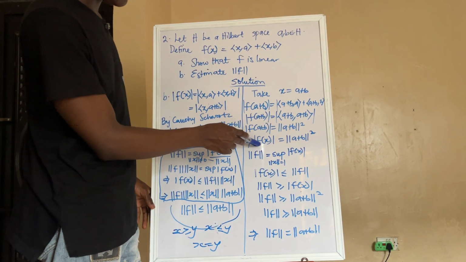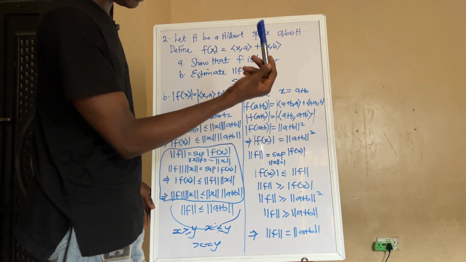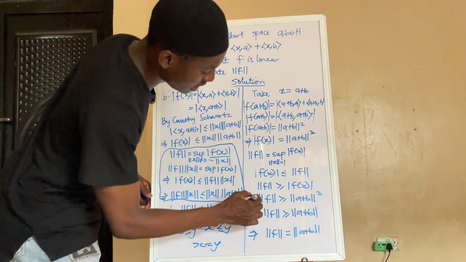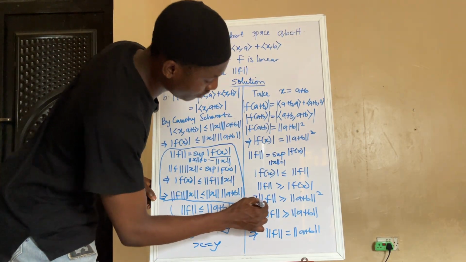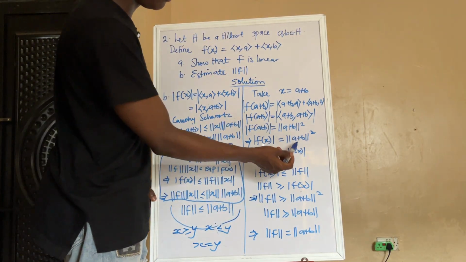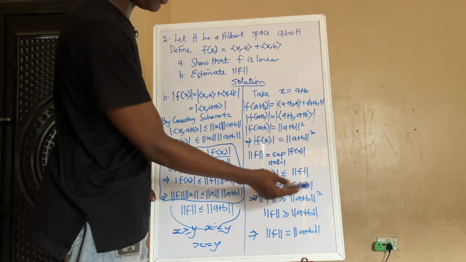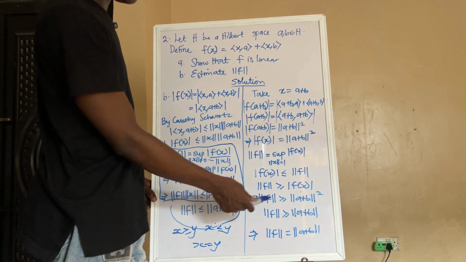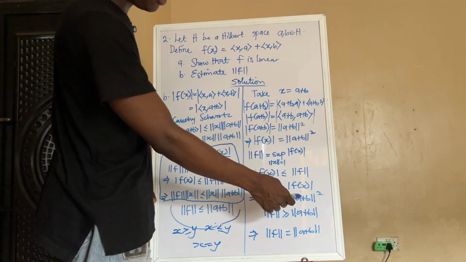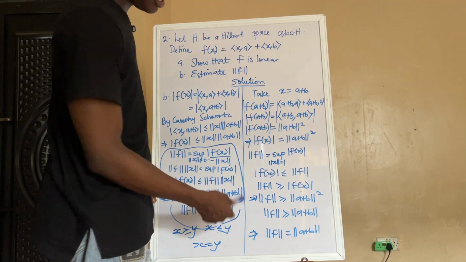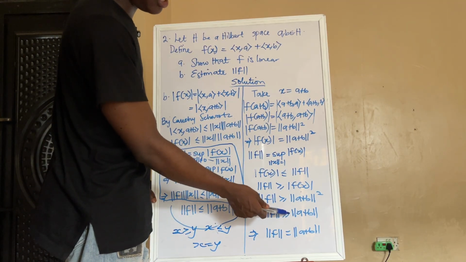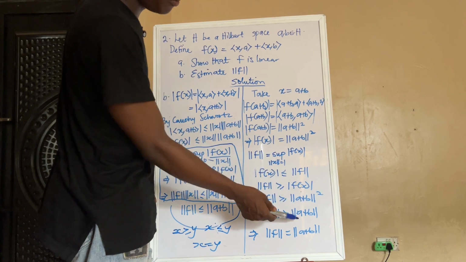Since I know that the norm of f is greater than or equal to f of x, and f of x is equal to this, that implies that the norm of f is greater than or equal to the norm of a plus b squared. And if the norm of f is already greater than or equal to the norm of a plus b squared, it's definitely greater than or equal to the root of it.